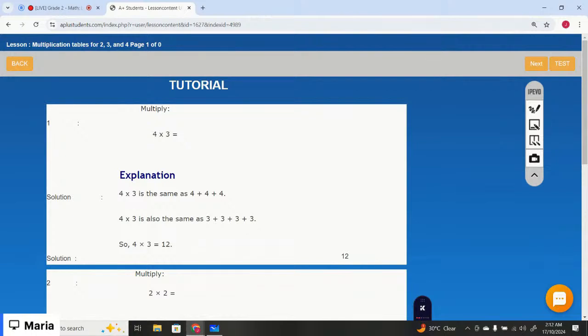Multiply 4 times 3. So multiplication is same as repeated additions, right? You are given 4 times 3. Either you add 4 three times or you add 3 four times.